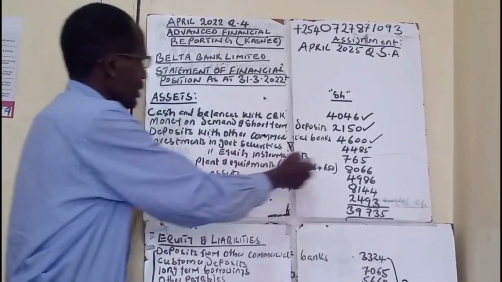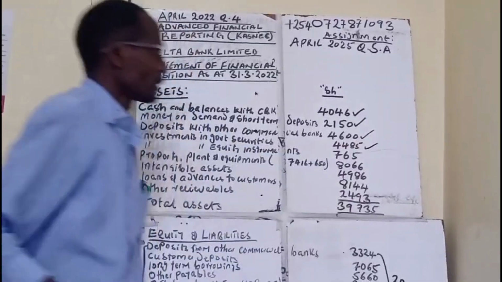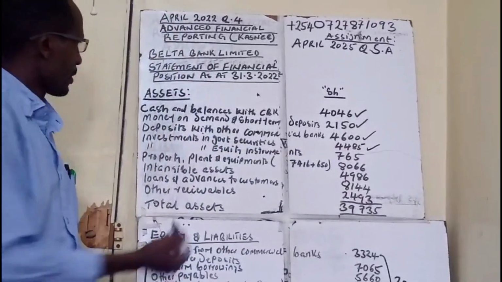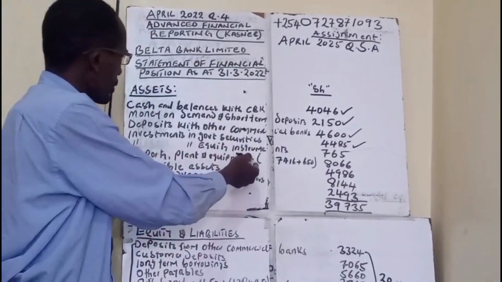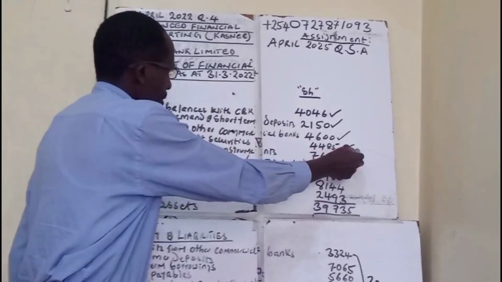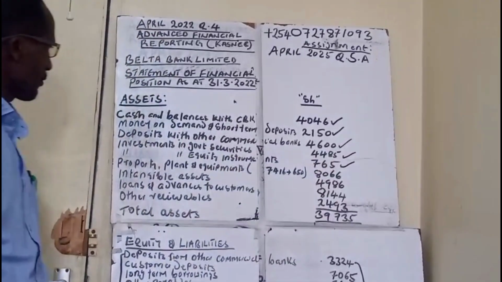Investments in government securities, 4485. Investment in equity instruments, 765.